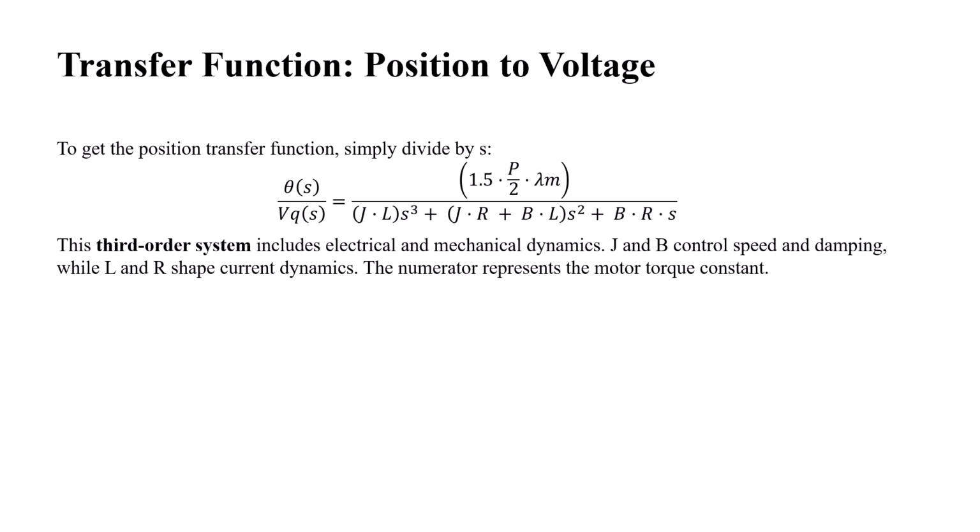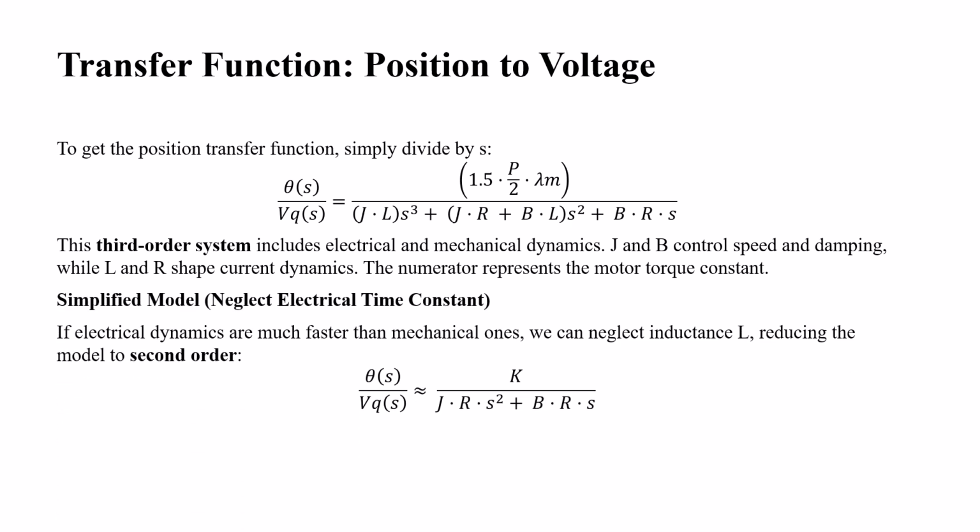So to reduce the third order system a little bit, we need to consider some assumptions, like neglecting some electrical time constant. Then it will be reduced to a second order system. Whenever we reduce the electrical time constant, we get this equation.